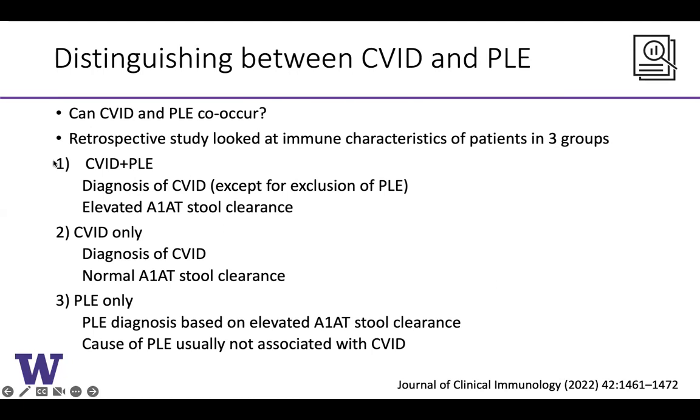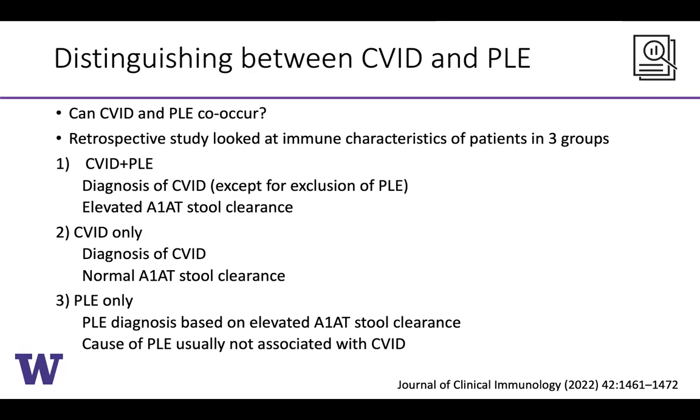They had this retrospective study where they divided patients into 3 groups. They defined CVID and protein-losing enteropathy as meeting all the diagnostic criteria for CVID except for not having a protein-losing state, and the patient had elevated alpha-1 antitrypsin stool clearance. CVID only was straightforward: they would not have protein-losing enteropathy.